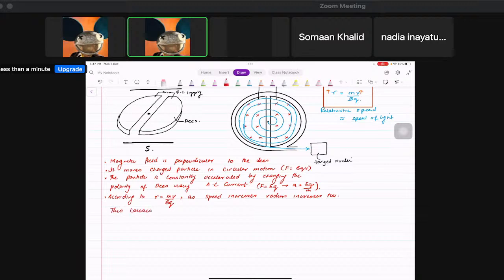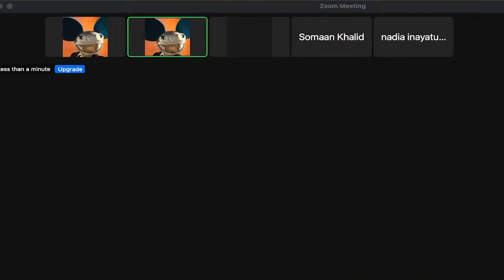This causes the particle to move in an outward spiral, like you see. Okay.